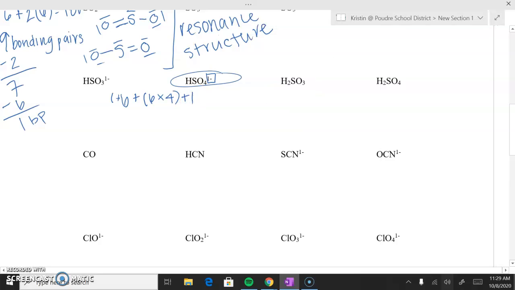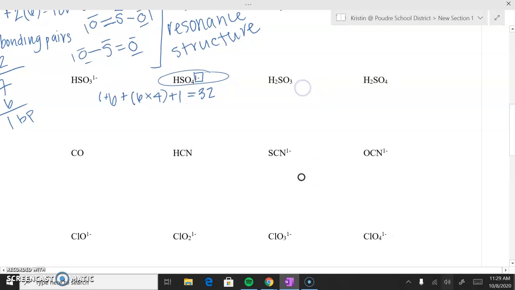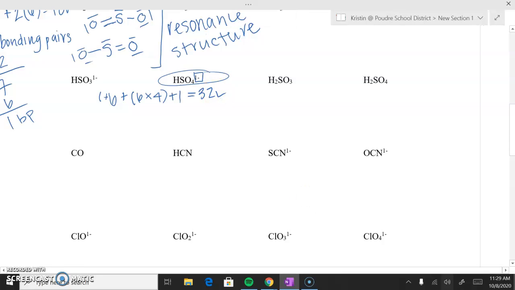Okay, so we have 1 plus 6 is 7, plus 24 is 31, plus 1 is 32 valence electrons. And if we divide that by 2, that means we have 16 bonding pairs.